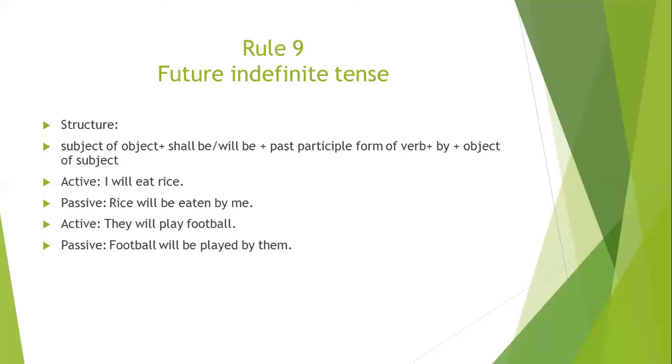For this very reason, we have to use an extra term. That one is be. And for this variation, you will use here, rice will be eaten by me. Okay. Again, if the active voice is, they will play football, the passive voice will be, football will be played by them.